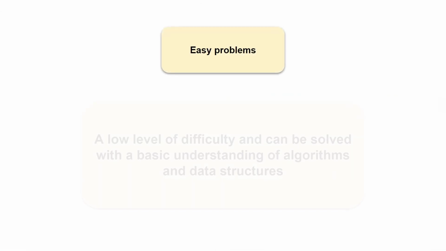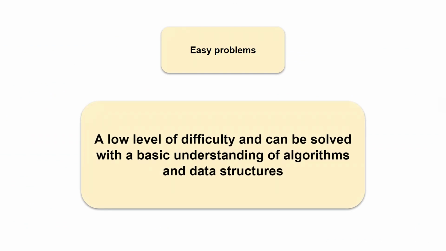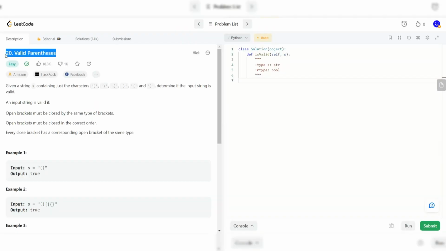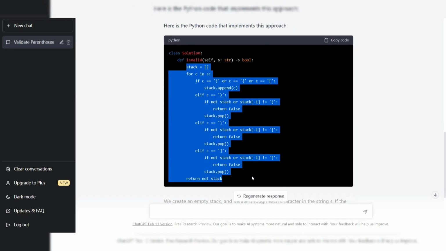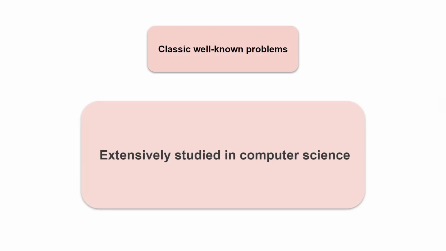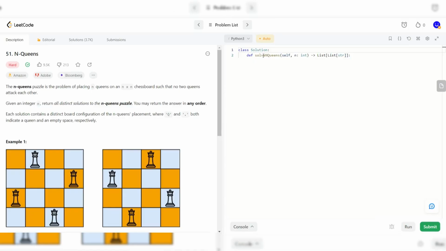Easy problems have a low level of difficulty and can be solved with a basic understanding of algorithms and data structures. Valid parentheses is an easy problem that can be solved using a stack. Classic well-known problems have been extensively studied in computer science. The n-queens is a textbook example.